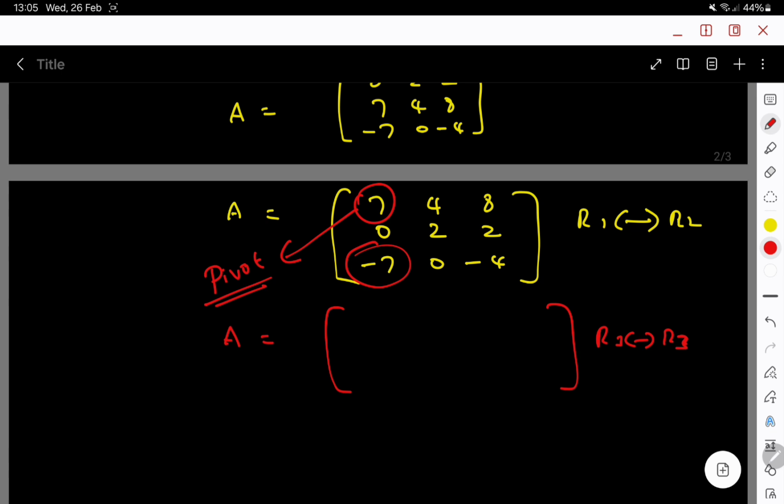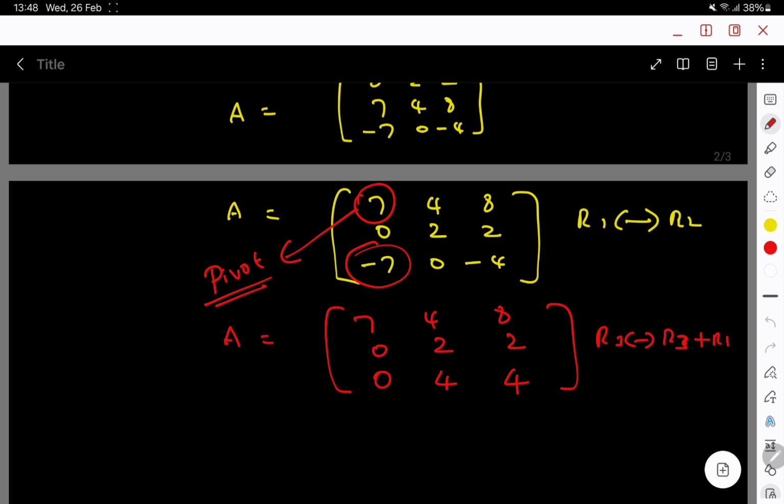I am adding third and first row: R3 plus R1. The third row, first element becomes 0. Second element: 0 plus 4, 4. Minus 4 plus 8 is 4. I just add.